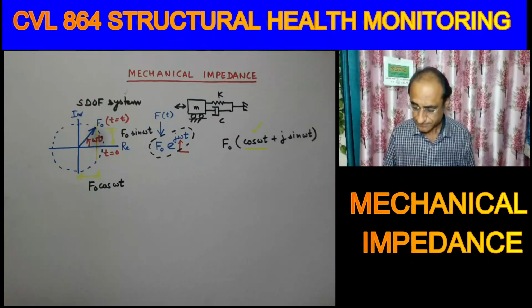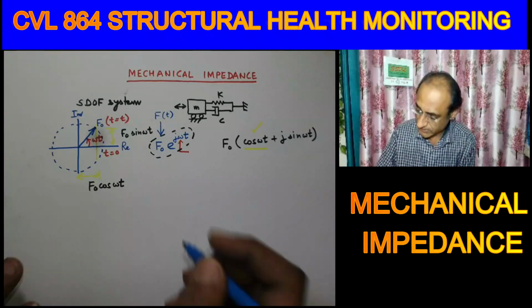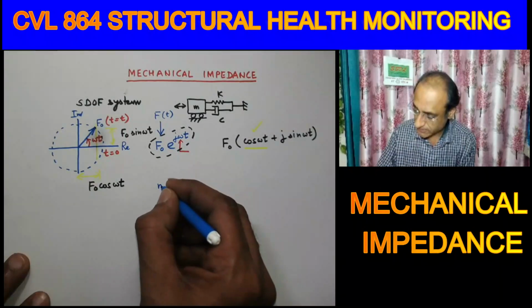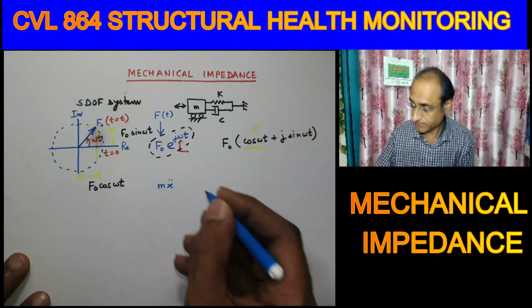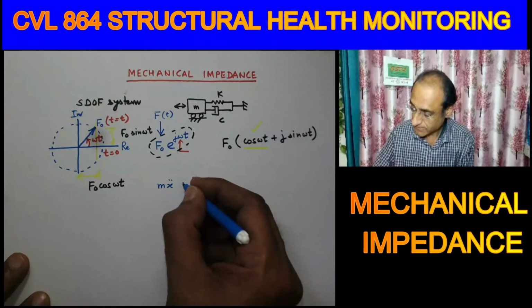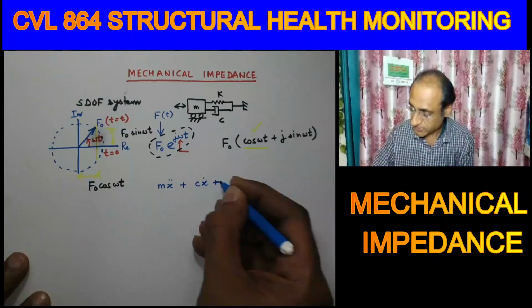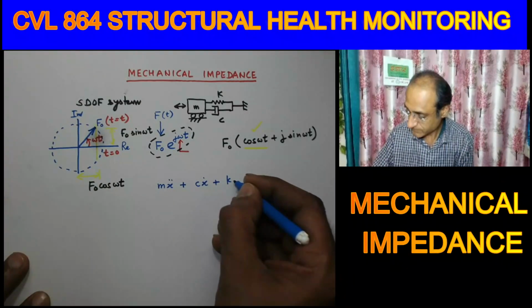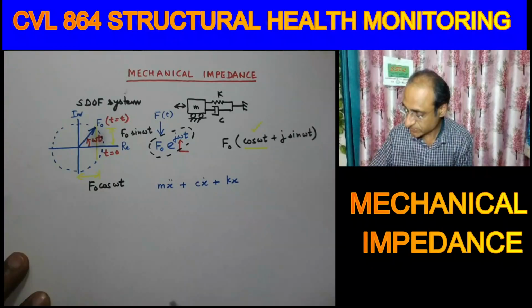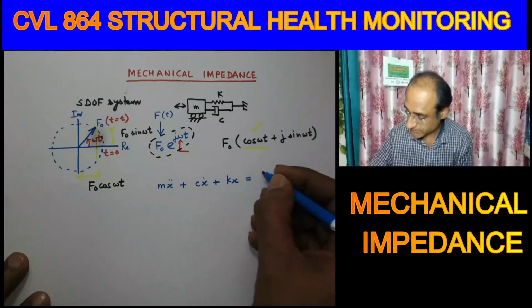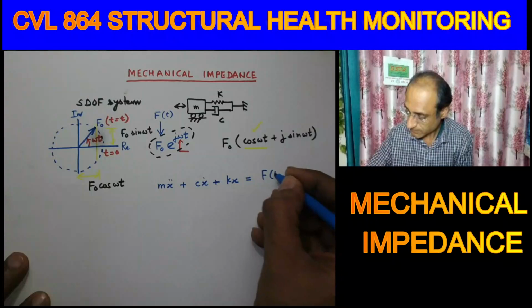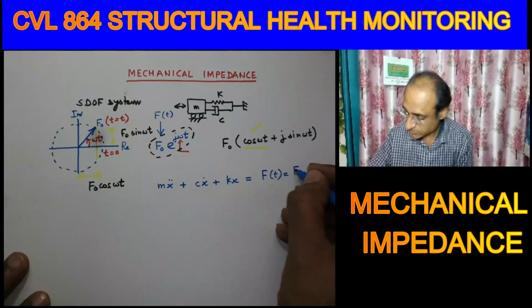Now if we consider the equation of motion, we can write very easily the inertial term, then the damping term, and finally the spring or elastic force, and this we equate to the force acting, which is F0 e to the power j omega t.